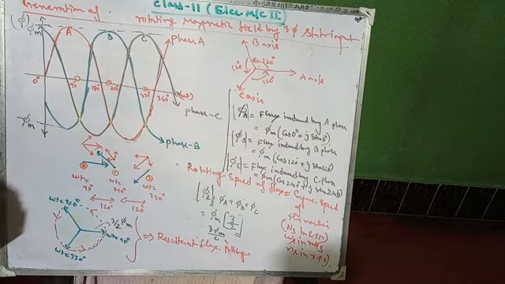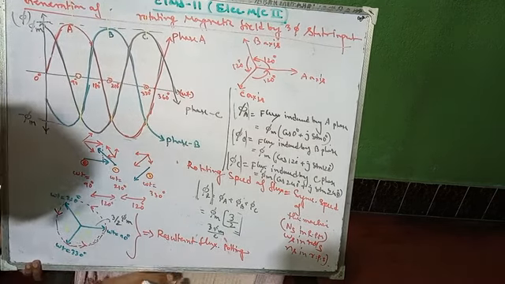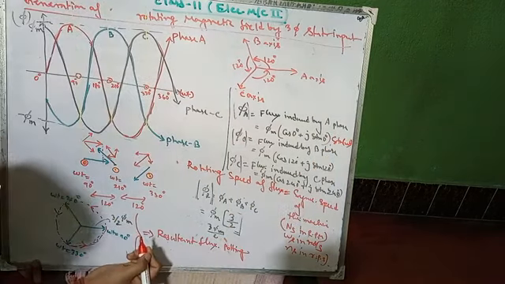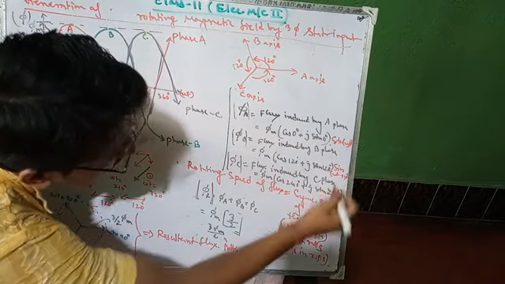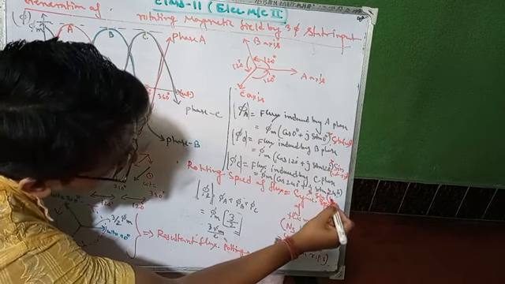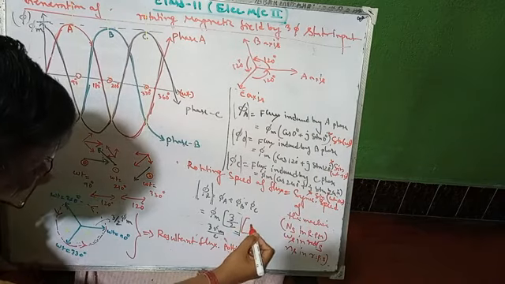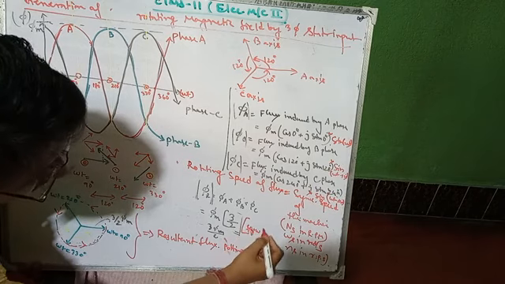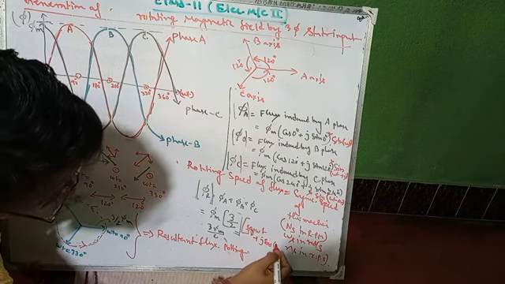Okay. So if we want to find the phasor quantity, then you have to add sine omega t over here, and here sine omega t minus 120 degree, and here sine omega t minus 240 degree. So then you can see that here it will come sine omega t plus j cos omega t.